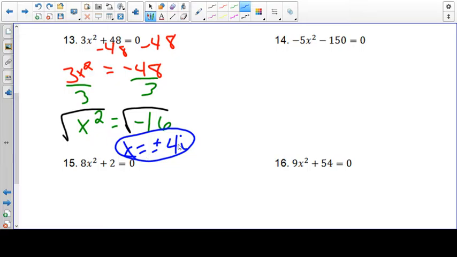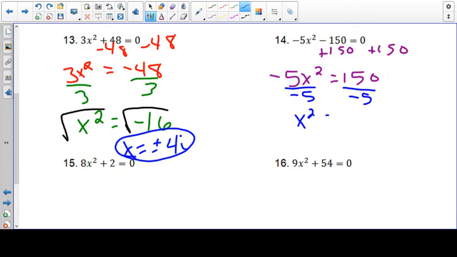So let's try number 14. So first, I'm going to add over this 150. So I have negative 5x squared equals 150. Divide both sides by -5.